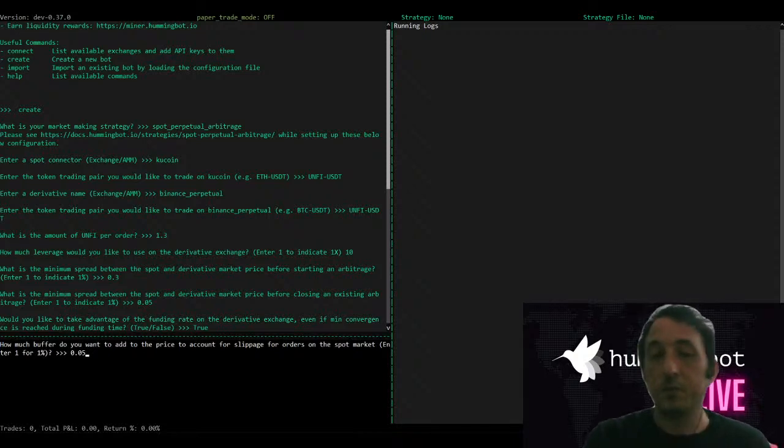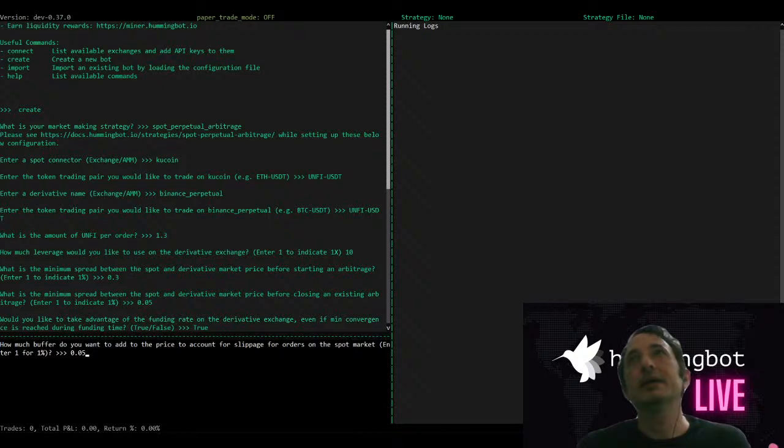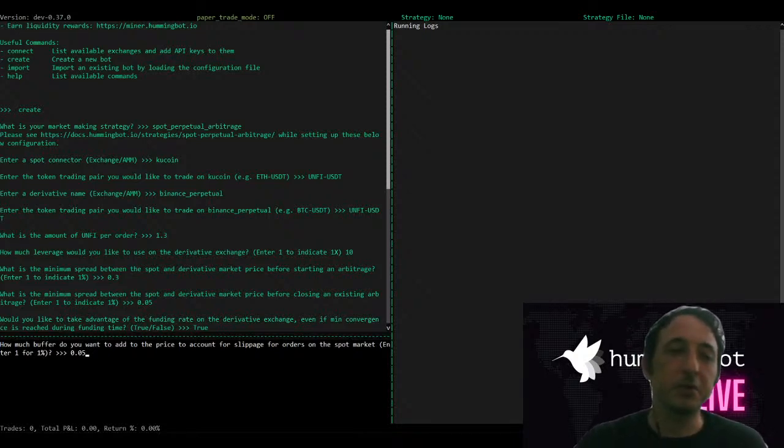So on the question about the slippage, the last two questions are where you set how big your slippage is going to be in the trade. This is mostly a balance where you want to make sure that your trade is going to be executed and you don't have too much risk. If, for example, we are using 0.3 here, the expected profit would be around 0.25.